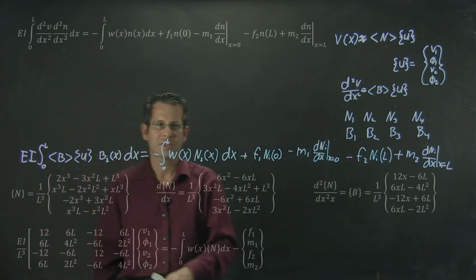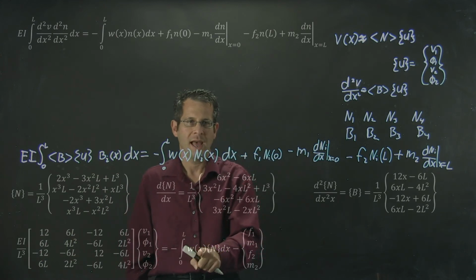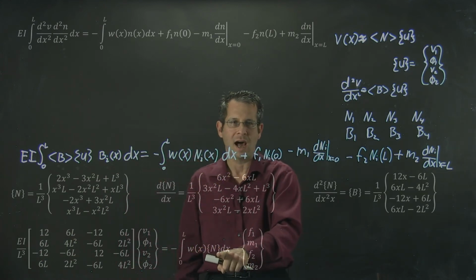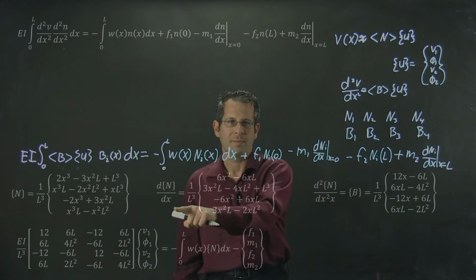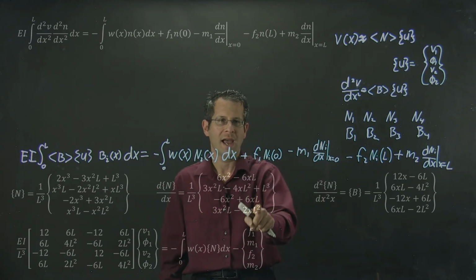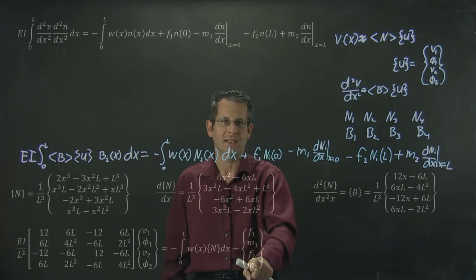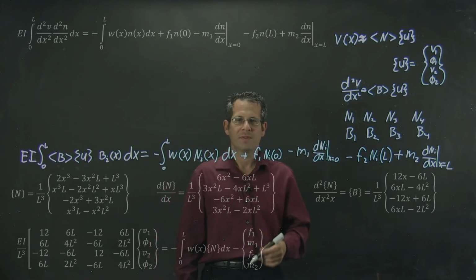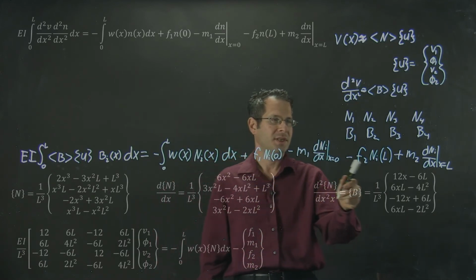It ends up my first equation, w(x) times N1, will represent my first equation. And why can I write this like this? That comes from the fact that I have 4 terms here.